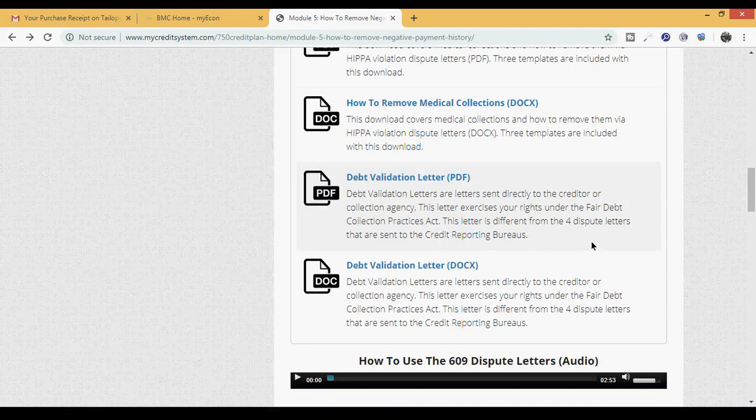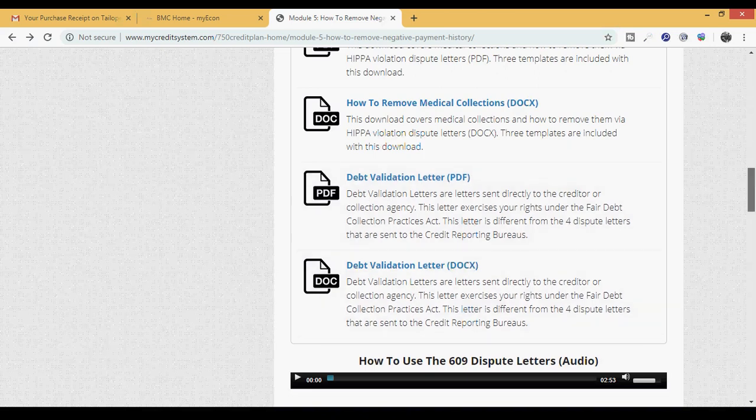So this letter exercises your right under the Fair Debt Collection Practices Act. And we talked about that in the challenge. So you should know the difference between the FDCPA and the FCRA. A little different. So just understand the difference and how this letter goes to the creditors, not the bureaus, or to the collection agencies, to get the validation of your debt.